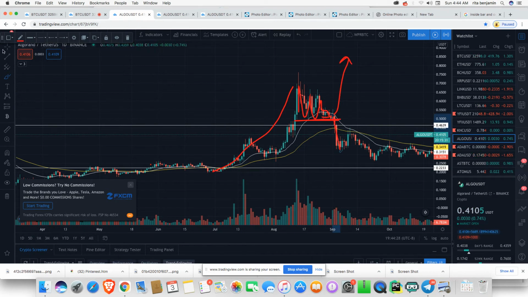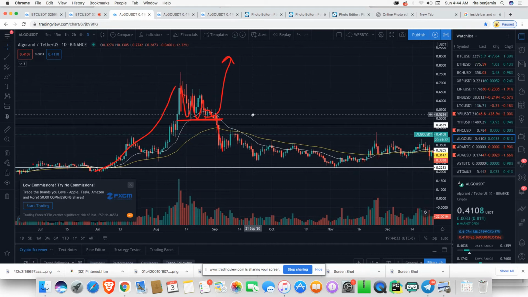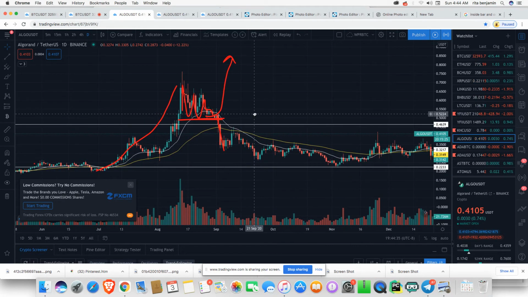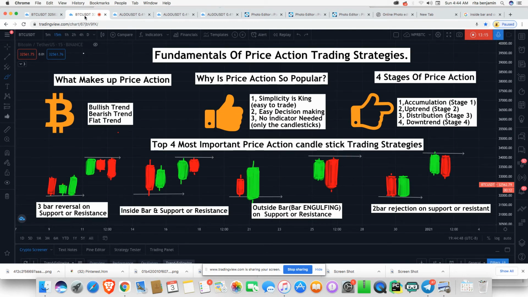Since the breakdown, in stage three, you will start seeing a change in market structure and price will start going down, forming lower highs as it goes. Look at it. It starts forming lower highs and lower lows, taking you into the last stage, which is called the downtrend stage, right?